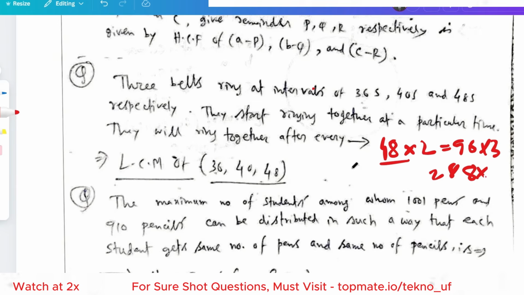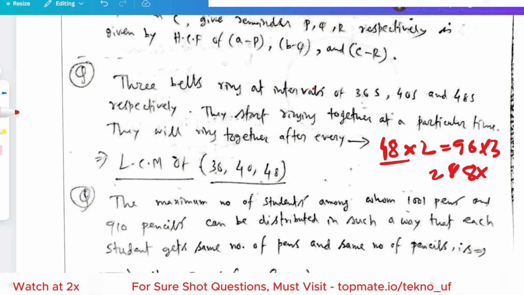Get a least number so that it can be divisible by all these numbers. So what can be that number? Let me tell you one thing about this.